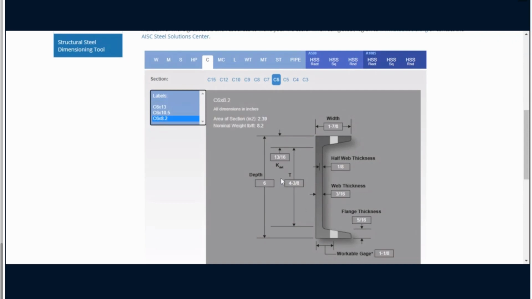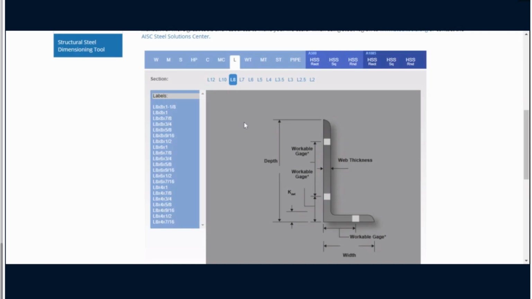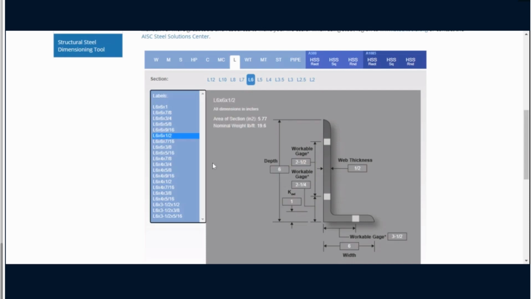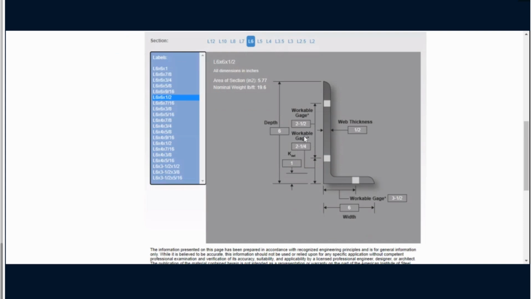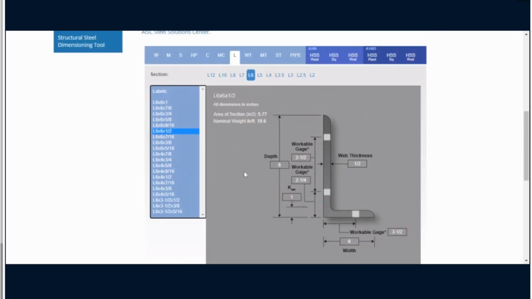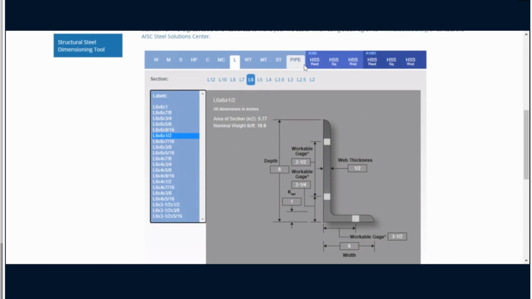How about angles? You just select L and say you want L6 by 6 by 1/2, for example. So you select L6 and then 6 by 6 by 1/2. There you go. Those are the dimensions. So that's how you use the dimensioning tool.